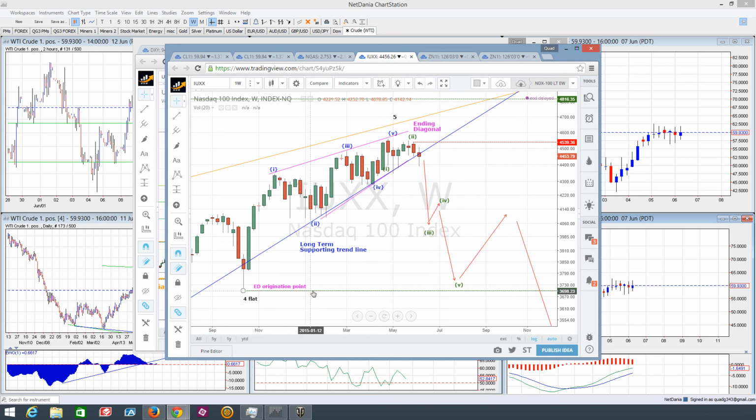And the move is usually 5 waves, and it's usually faster than the time it took for this ending diagonal to develop to the upside. So it should come fairly quickly.